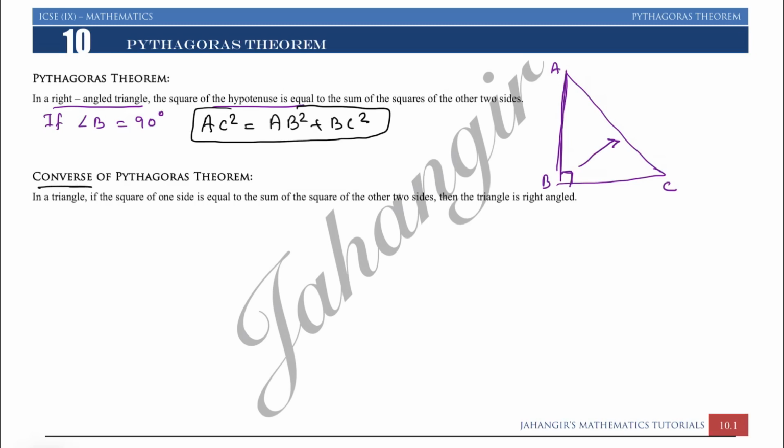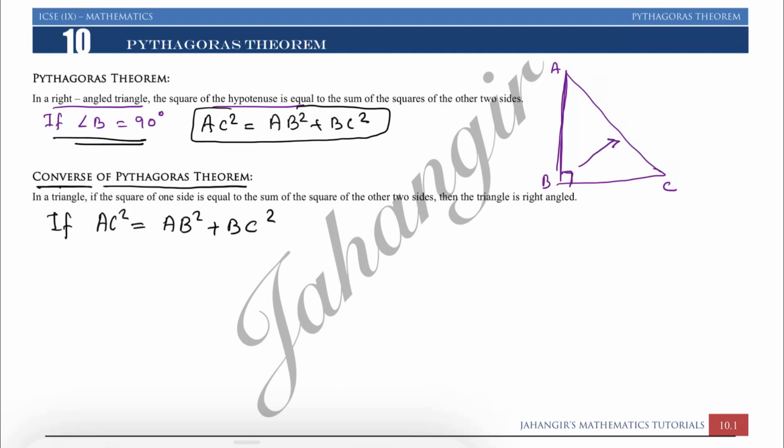Now the converse. Converse means reverse. So in this, always the square of one side will be equal to the sum of the squares of the other sides. Here we have if and then. When angle B is 90 degree, then we can say AC square is equal to AB square plus BC square. But in the converse, we don't have the angle as 90 degree.